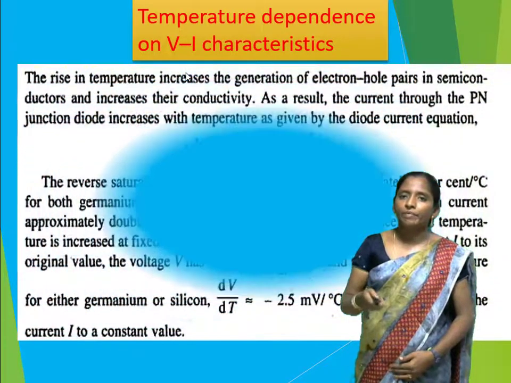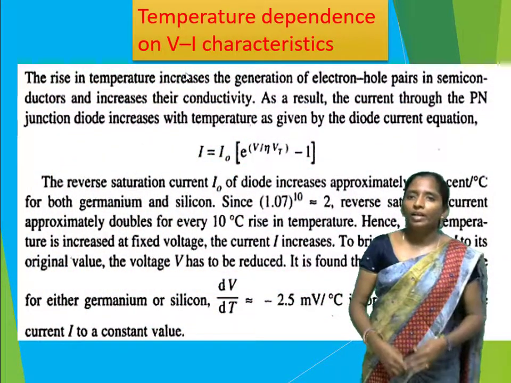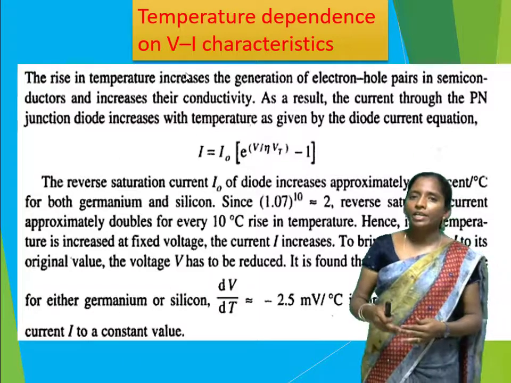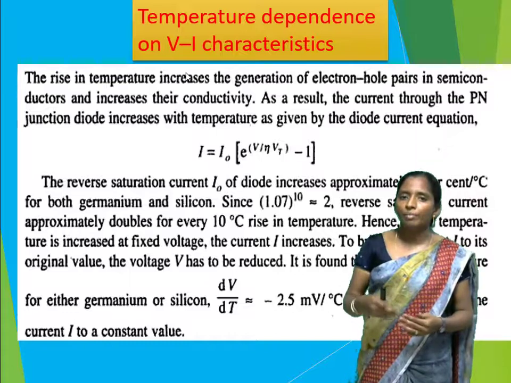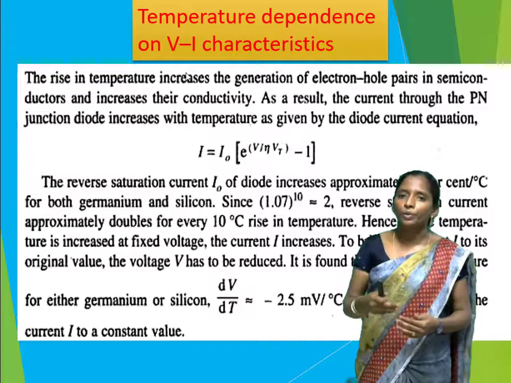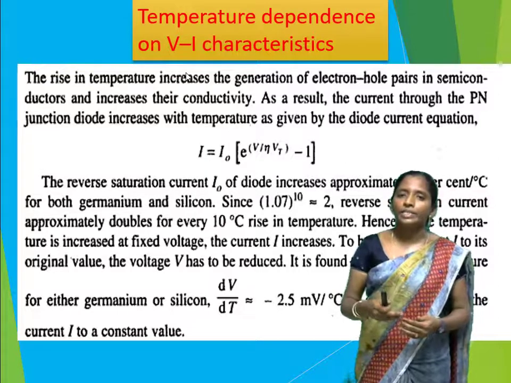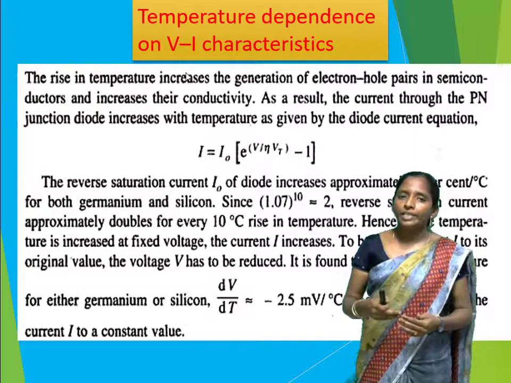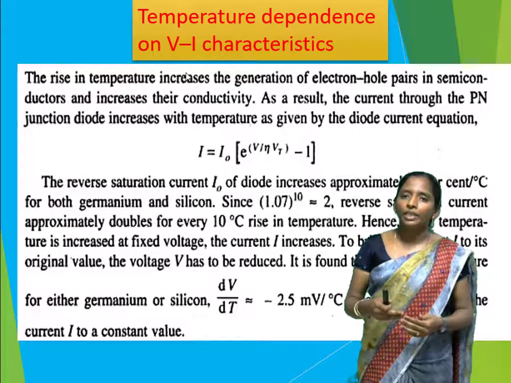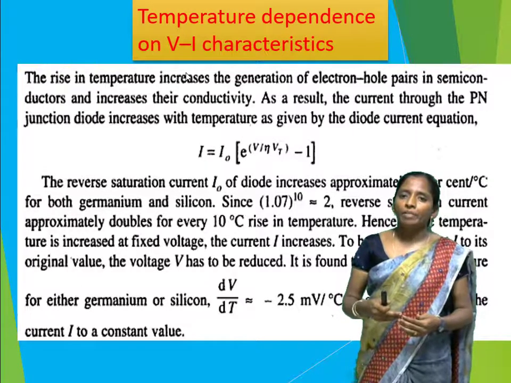Temperature dependence on V-I characteristics. If the temperature rises, the generation of electron-hole pairs also increases. Then the conductivity of the PN junction diode also increases. As a result, the current through the diode increases with temperature. The diode current equation is I equals I naught into e to the power V by eta Vt minus 1.